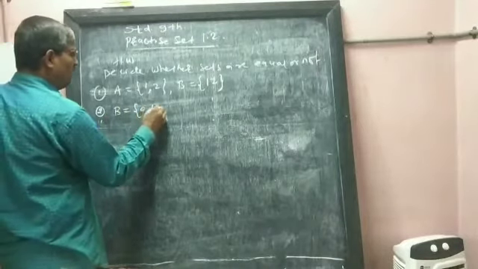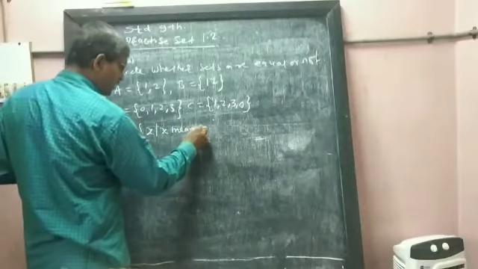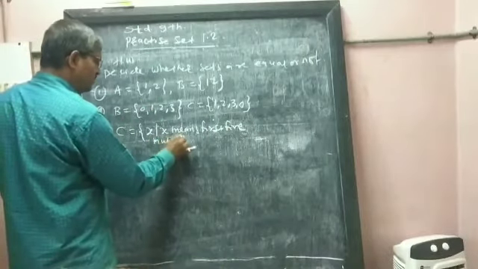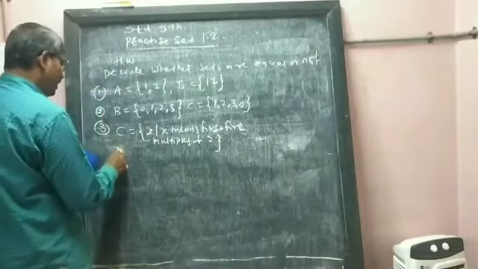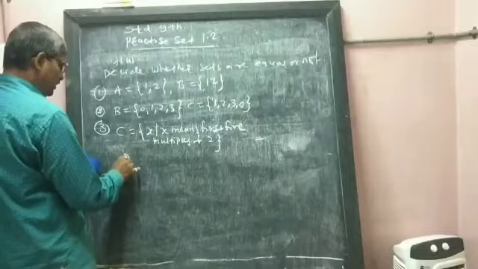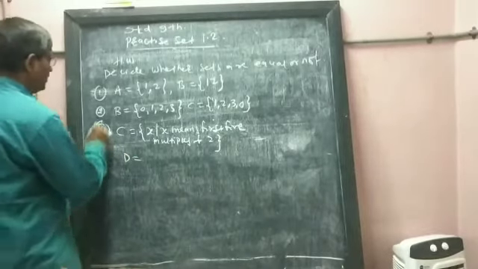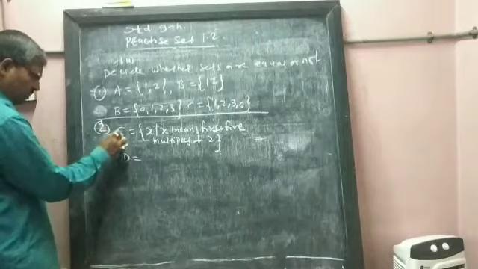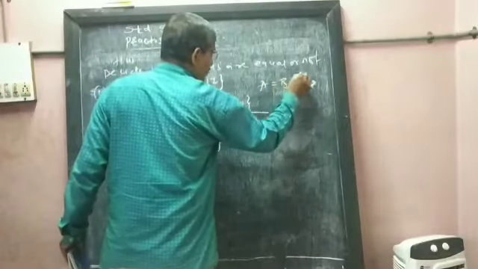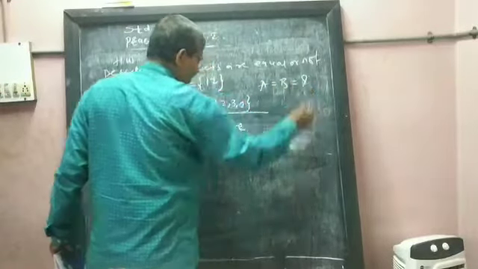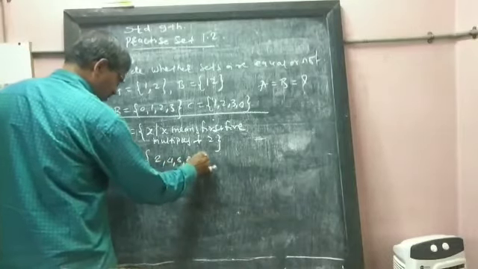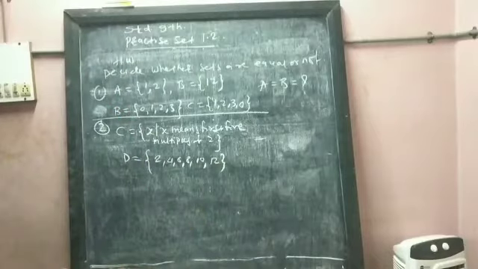Third question, C is equal to {x such that x is the first 5 multiples of 2}, and D is equal to {2, 4, 6, 8, 10, 12}.